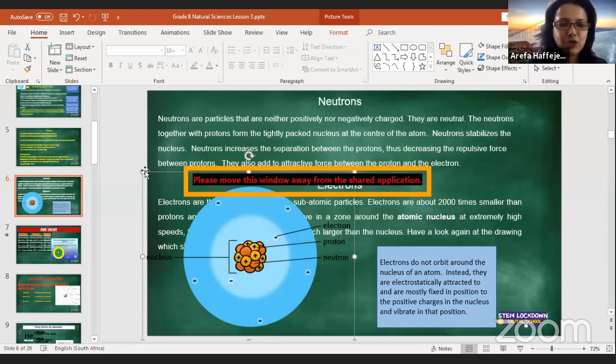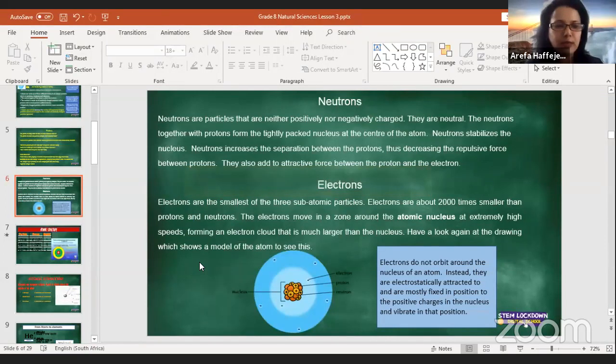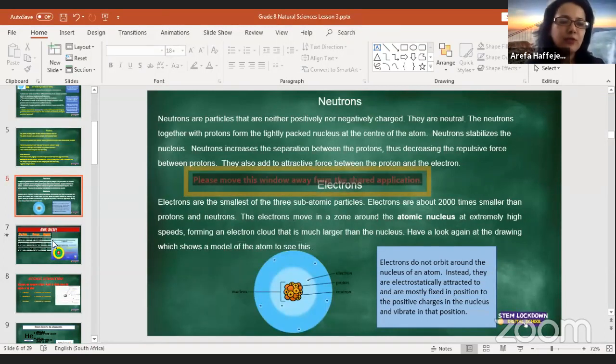Each proton in here is moving in harmony with an electron that is outside of the nucleus. So it cannot move freely, it's ordered, and these basically form the composition of your atomic structure.